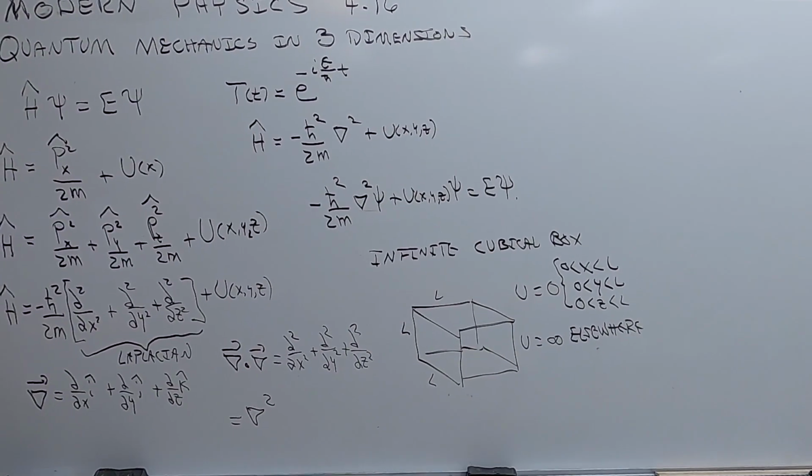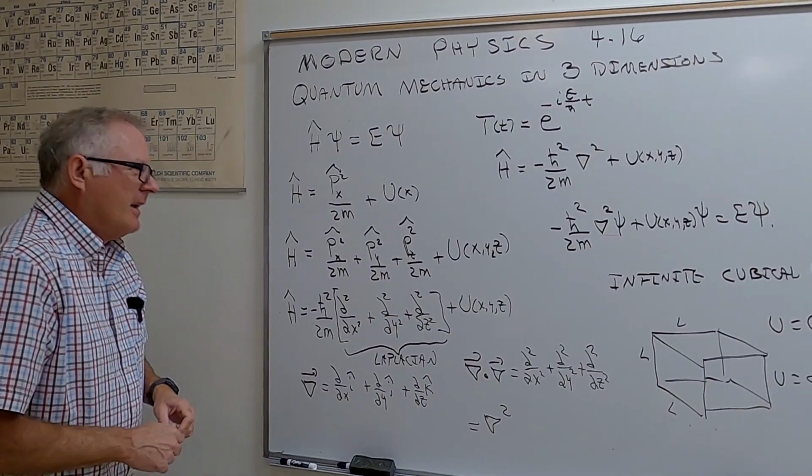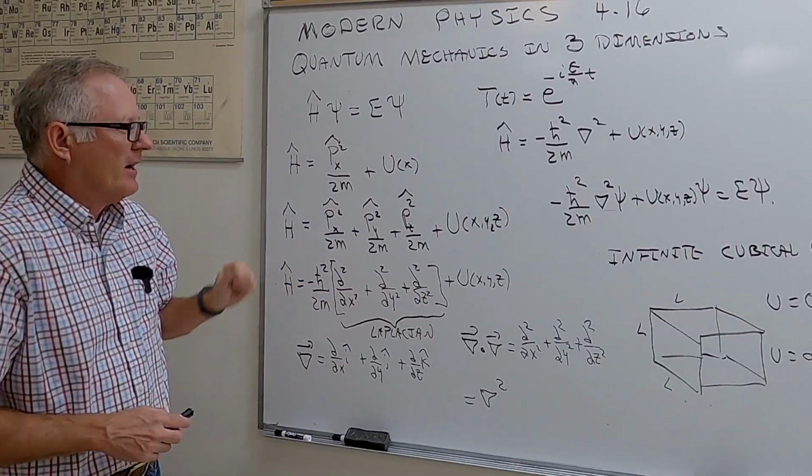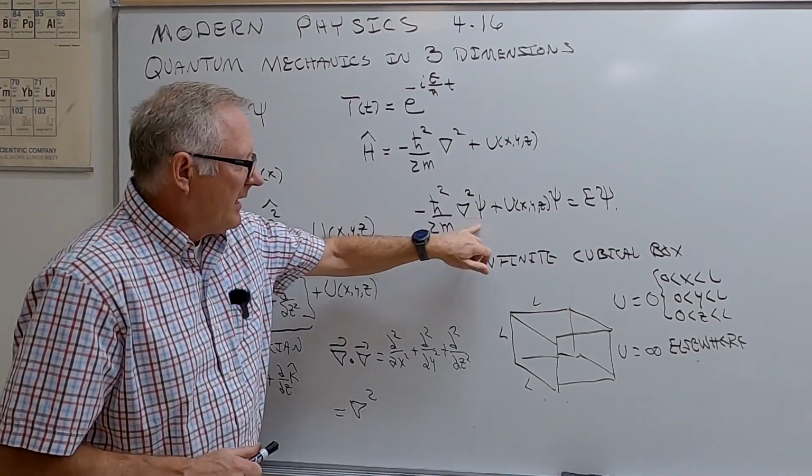Okay, so how do we solve this? Well, we go back, and instead of plugging it in right here, I think I'll just use this second derivative right here in place of this right here.